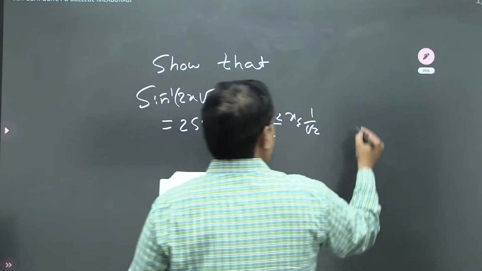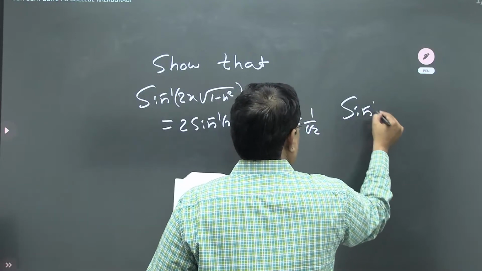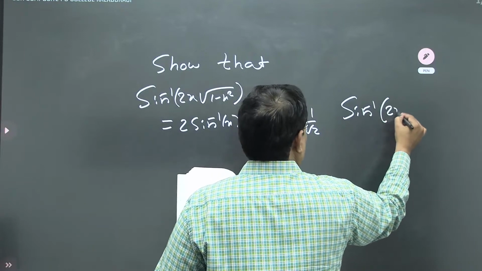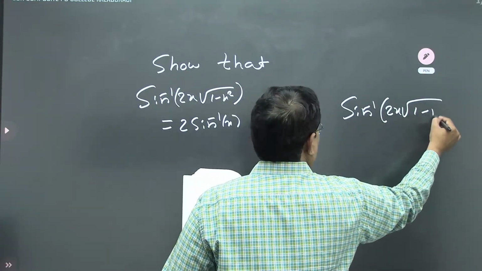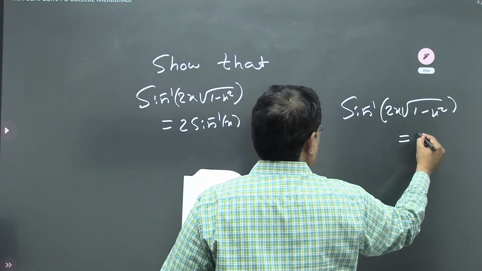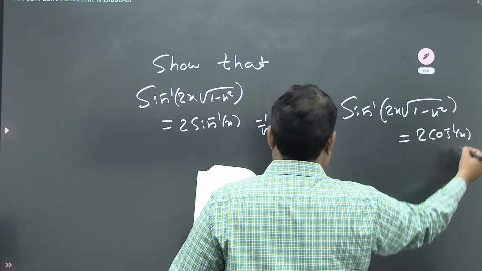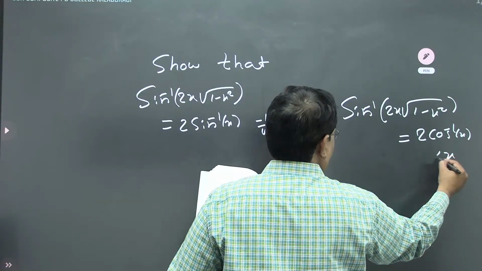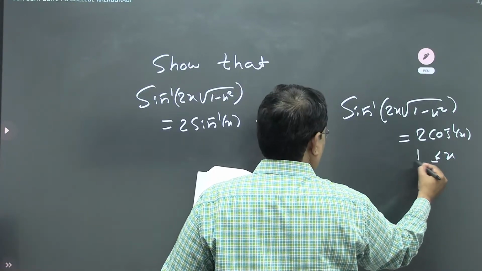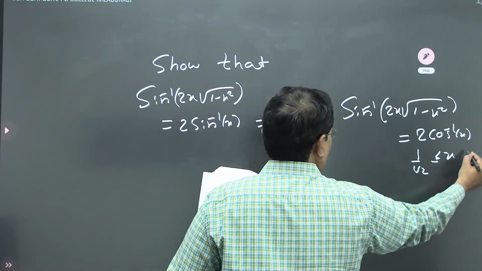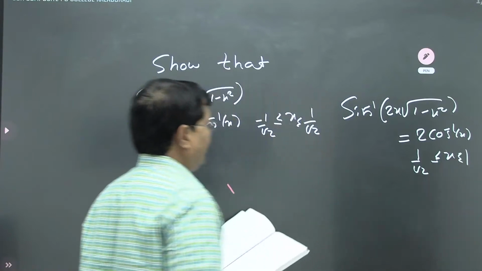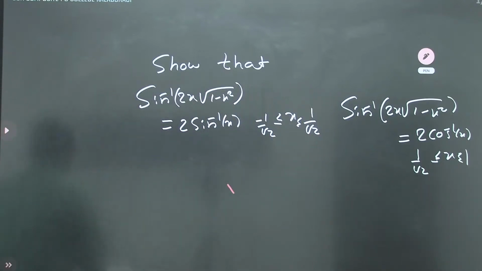Again, one more example: sine inverse of 2x into root of 1 minus x square equals 2 cos inverse of x, where x lies between 1 by root 2 to 1. So these are 2 examples you have to prove here.